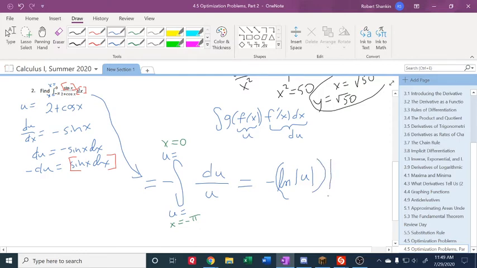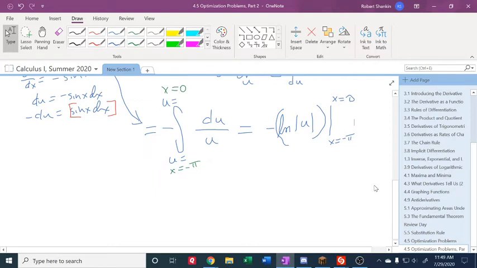Now when there's a constant out front, like a negative sign, you can just factor it out. And then suppose we still had left these as x's. Okay, we'd have this. And now we can't substitute those in.